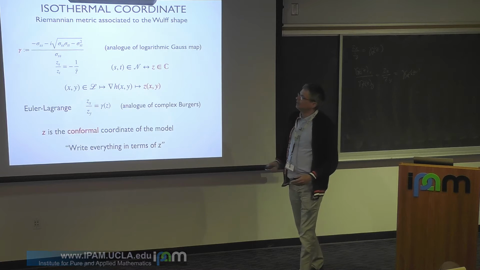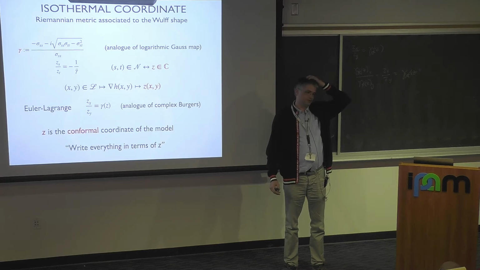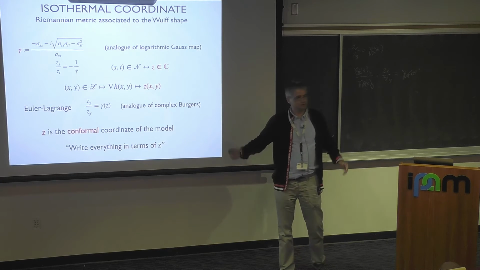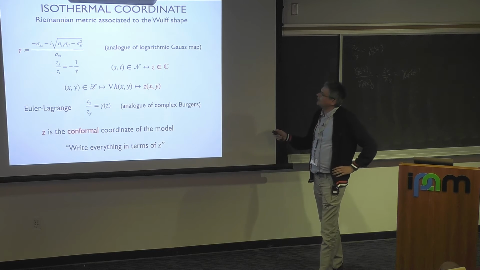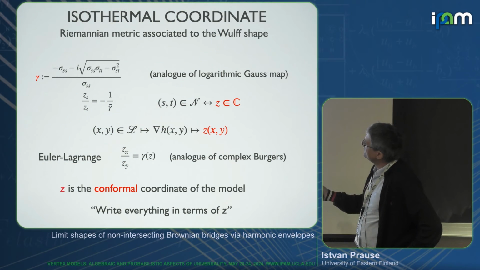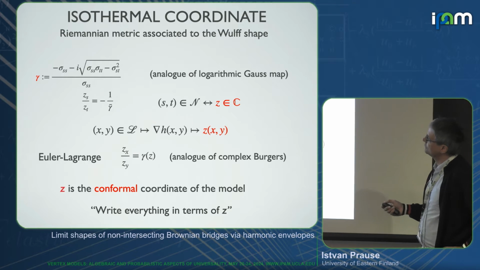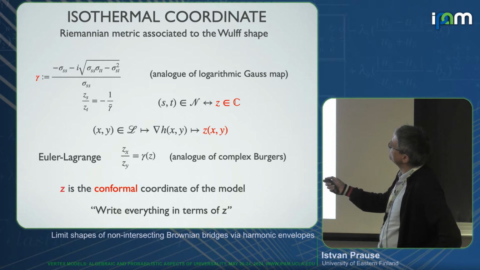Now, how to introduce this z coordinate, this complex variable? Well, we know how to do it in the dimers, but there should be a story, let's say, in the six-vertex model also. So, partly motivated by that, with Rick, we introduced this in a more general, more abstract way.